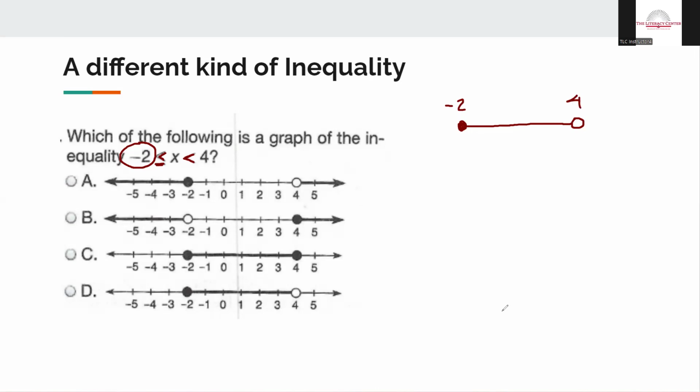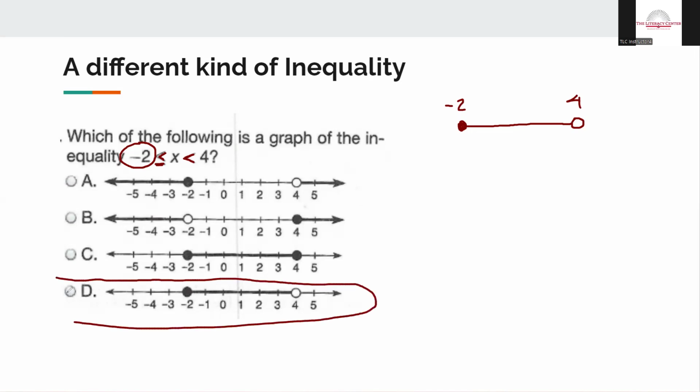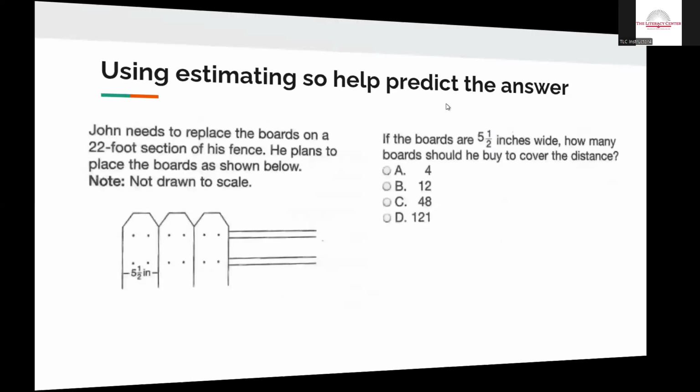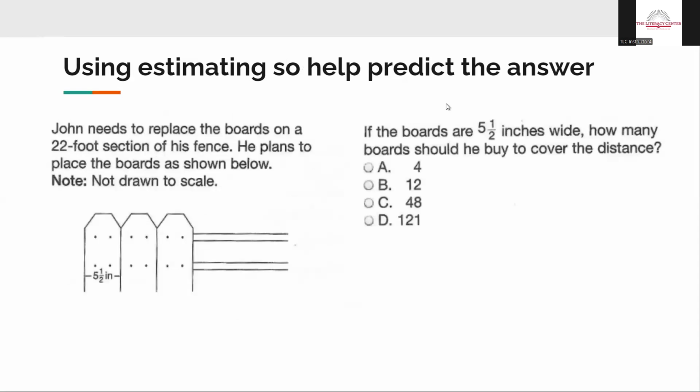And we can see that answer D matches that description. Filled in circle at -2, a solid line up to 4, and then a hollowed out circle at 4. The most important part of those kind of problems is making sure that the circle type is correct.